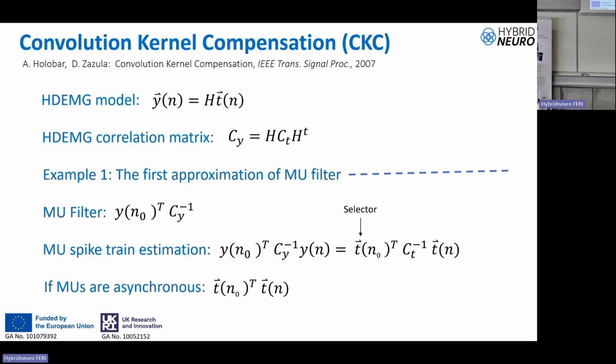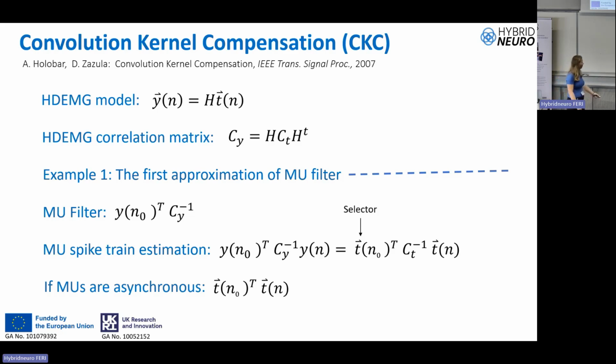So the first approximation of the motor unit filter is calculated with this form. We have the transposed vector of measurements at an exact time moment, which we call n0, and we multiply it with the inverse of the correlation matrix Y. If we now use that motor unit filter and apply it to measurements, we get this as a result.